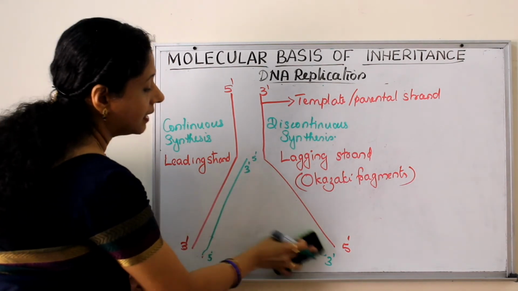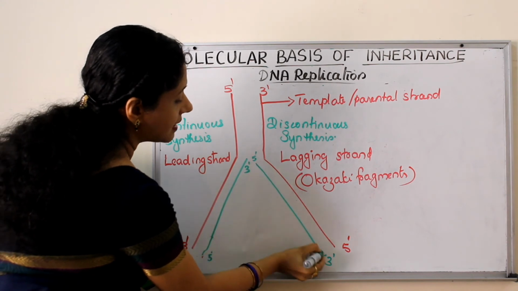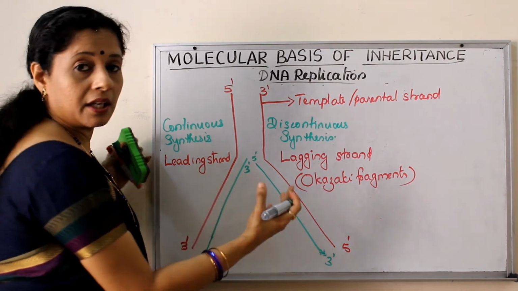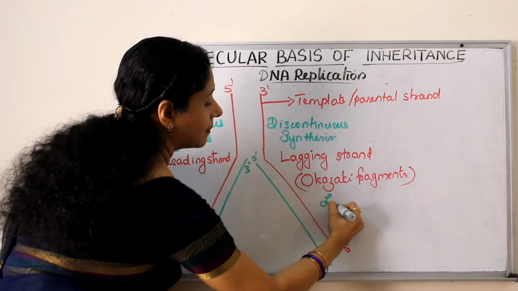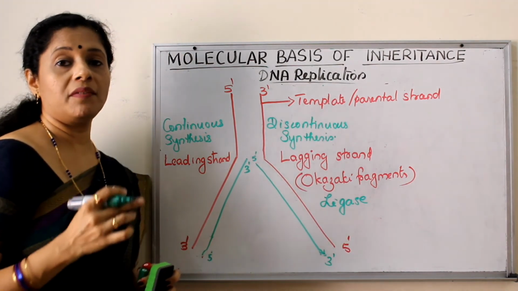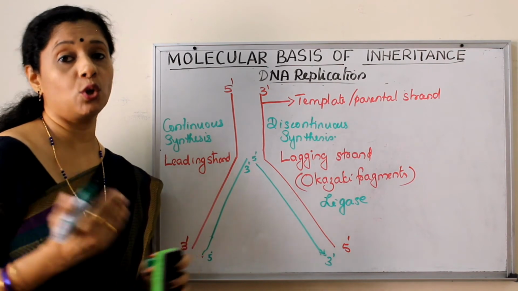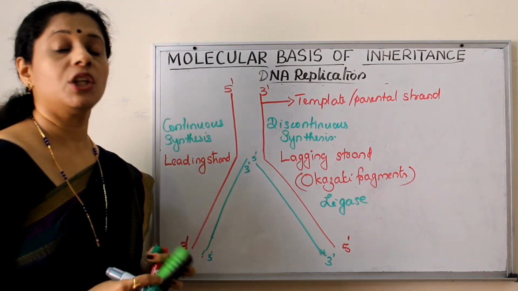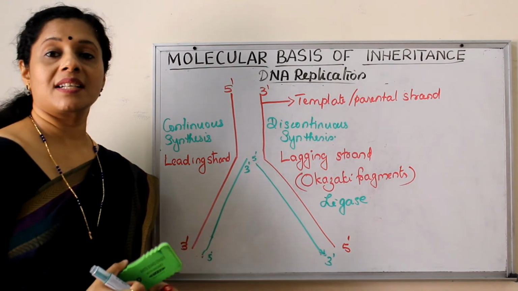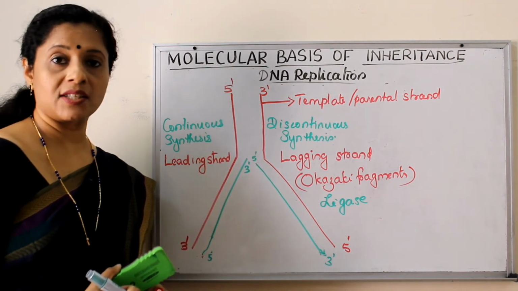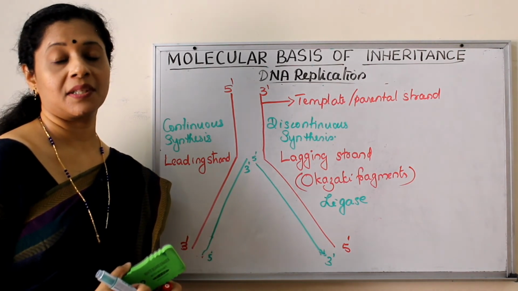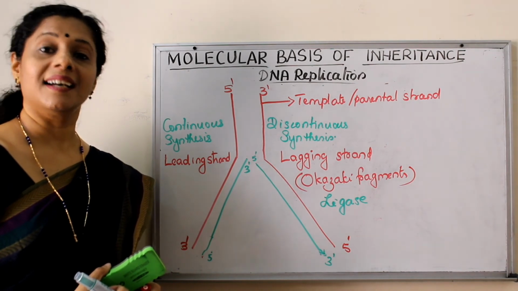So as a result, there will be a continuous strand this side also, and for joining these newly formed fragments into one, they use another enzyme called polynucleotide ligase enzyme. So always ligase enzymes are the molecular glue sticking together the parts of nucleic acids. So here ligase is used to join. Now both the strands are complete. So from one DNA double helix structure, now we got two DNA double helices. So this is the process of DNA replication.